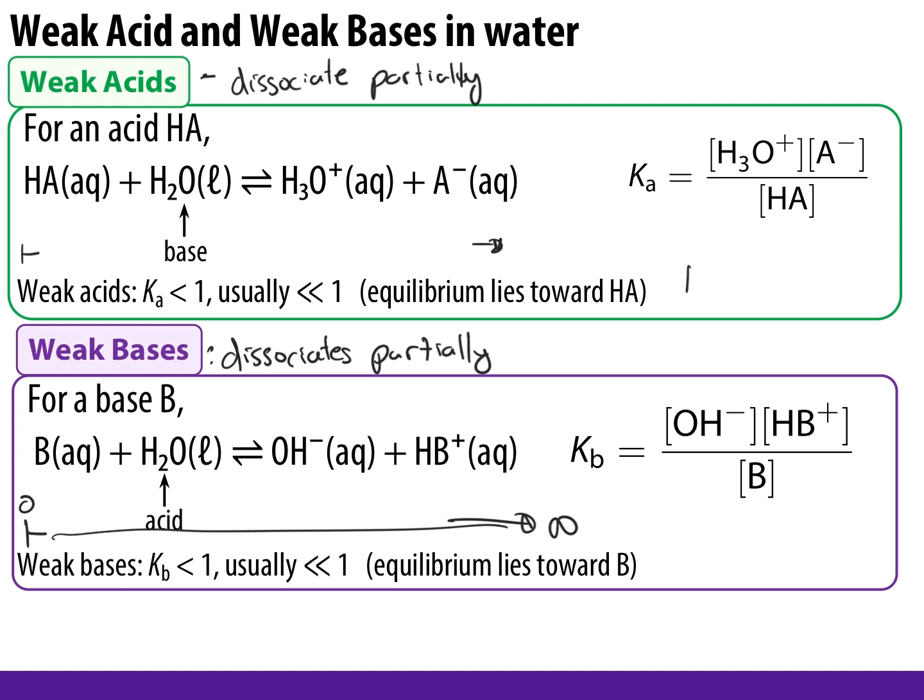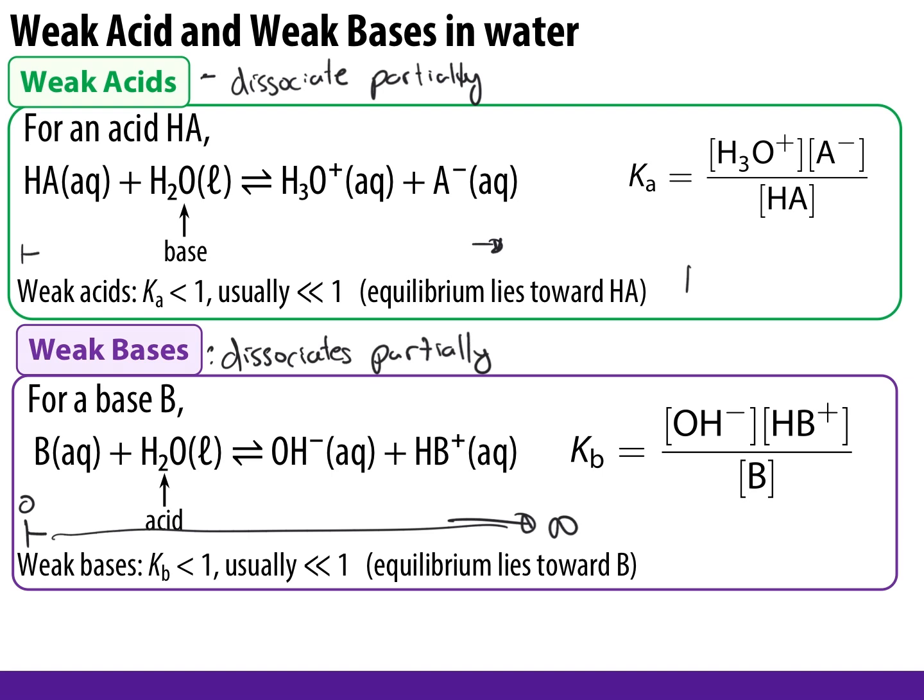In just the same way, since it's only dissociating partially, that means equilibrium favors reactants. That means Kb, the name we give for this equilibrium constant, Ka for acid, Kb for base, is less than 1 and usually much less than 1, because equilibrium is going to favor reactants, so K is going to be pretty small. The K equals Q expression looks the exact same as it normally would. Kb is equal to OH- times HB+ over B, where water, again, as a pure liquid, doesn't show up in the expression.